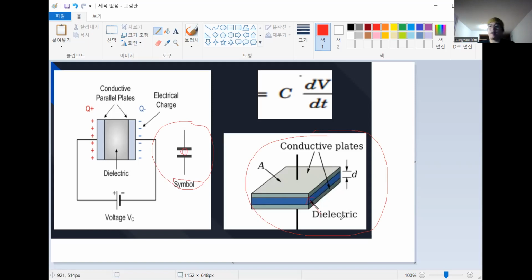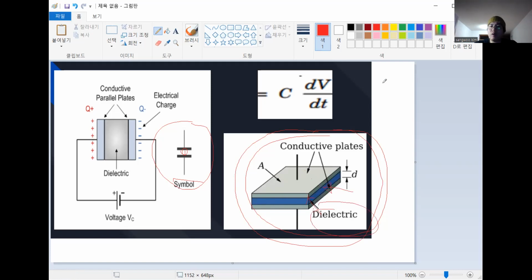The dielectric is the same material as the insulator, but the purpose is the only difference between insulator and dielectric. So this is the capacitor's component: two parts are metal plates and the middle is a dielectric.